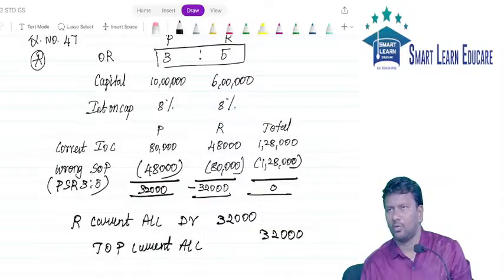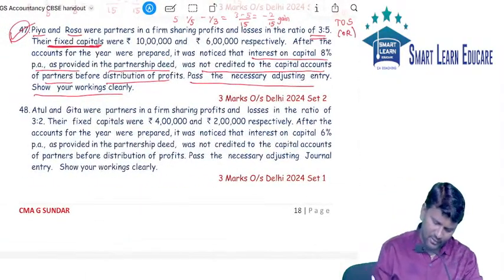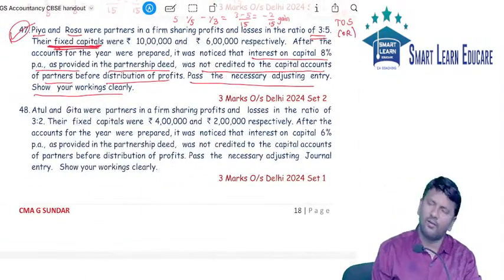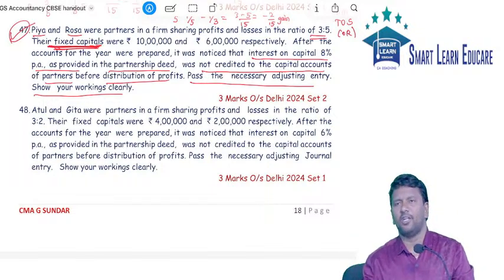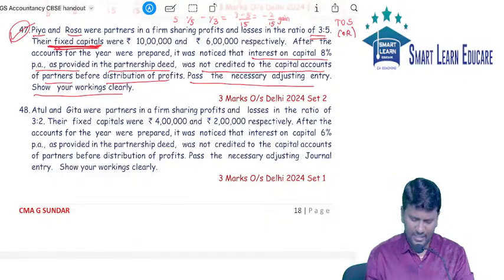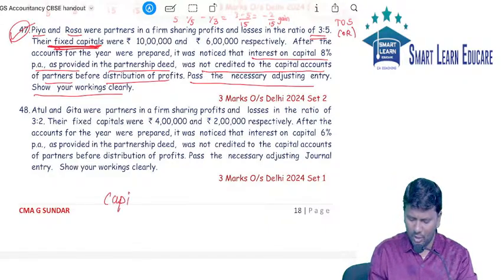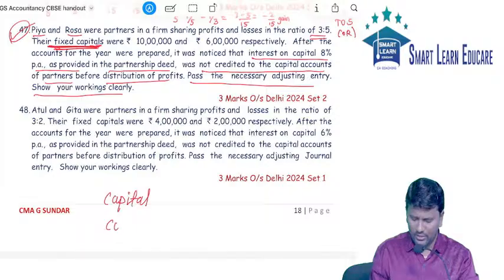Why current account? In the question it is given as fixed capital system. In the first class itself I told you two capital systems. One is fixed capital system. In the case of fixed capital system, two accounts we will open: one is capital account, another is current account.